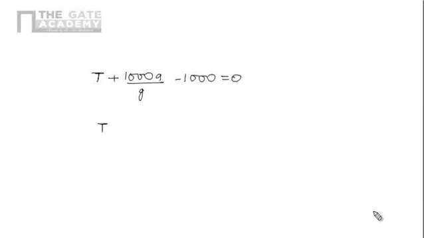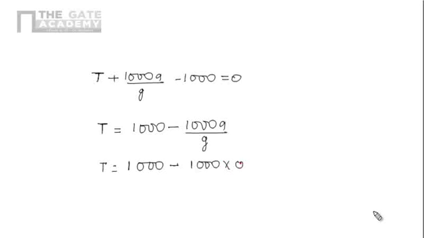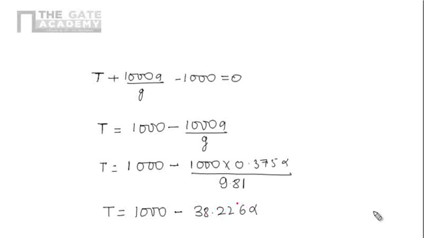We can rewrite T equals 1000 minus 1000 a by g, and if we put the value of a in terms of alpha, that is 1000 minus 1000 into 0.375 alpha, and put g as 9.81, we will get T equals 1000 minus 38.226 alpha. Now we have the expression of T in terms of alpha.